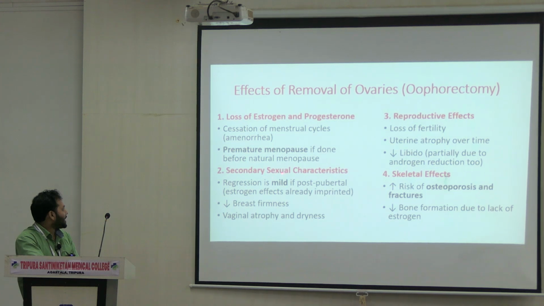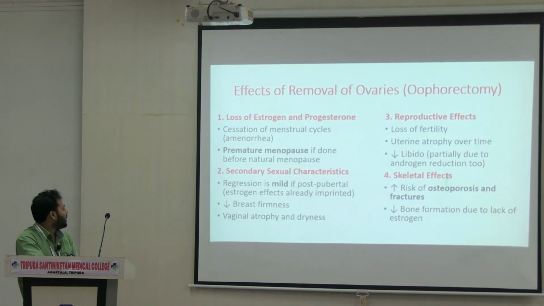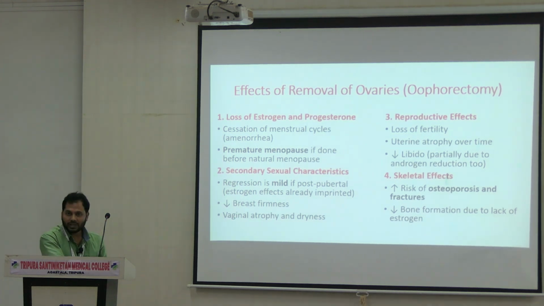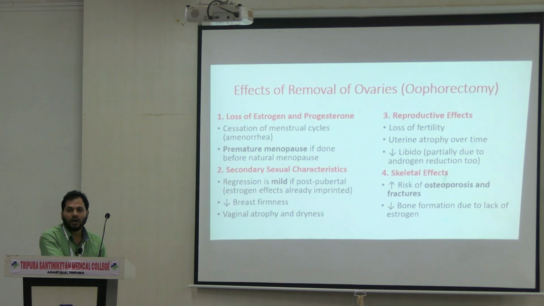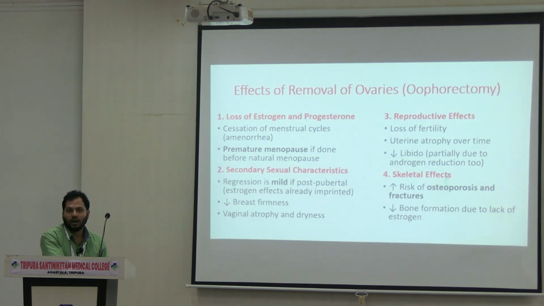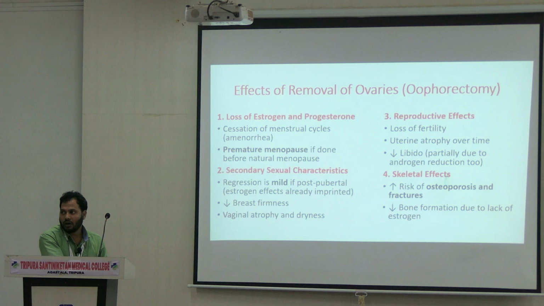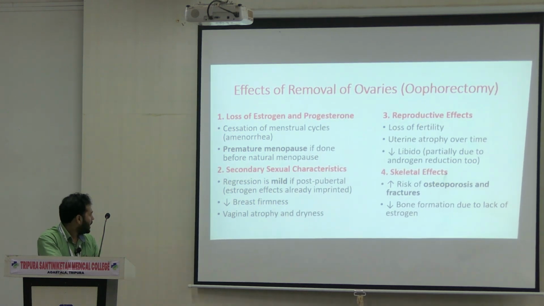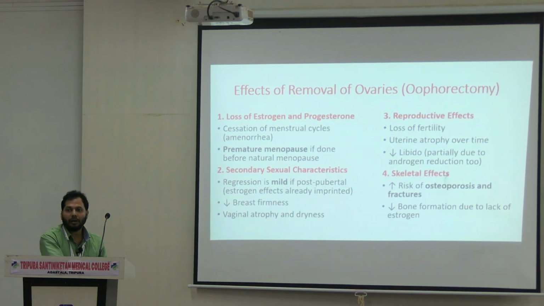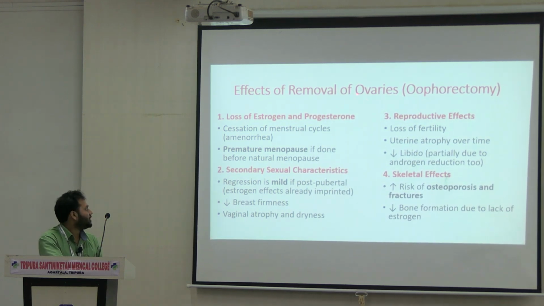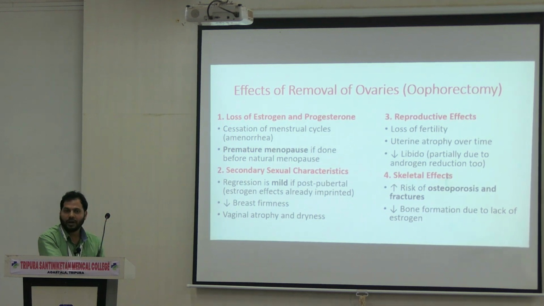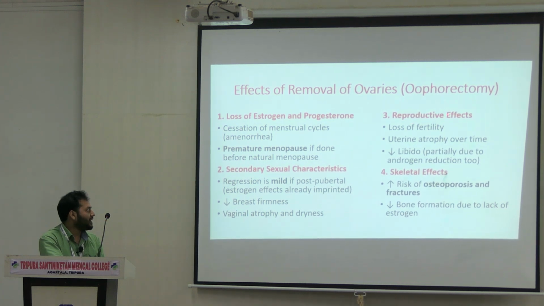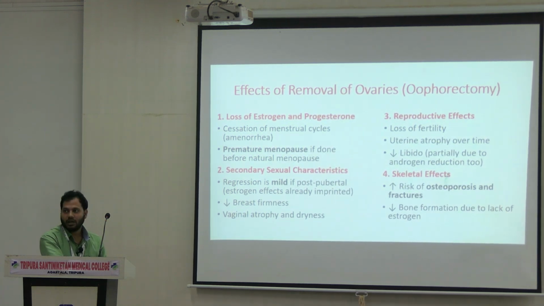It also affects the secondary sexual characteristics, causing a mild regression, mainly when the removal of the ovary happens in the post-pubertal phase, right? And even the development of the breast can be affected due to the removal of the ovary.